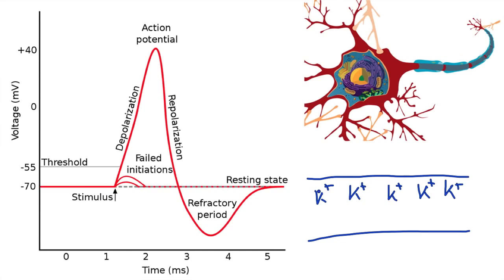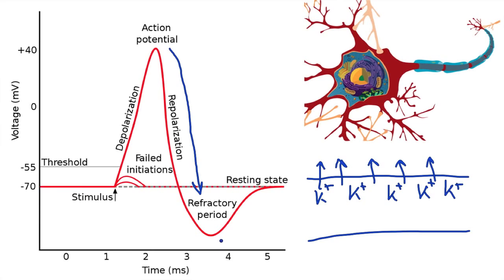When voltage-gated potassium channels open, potassium can now leave the cell. So we have a lot of positive leaving the cell. And what that is going to do is cause repolarization, where the membrane potential is going down.